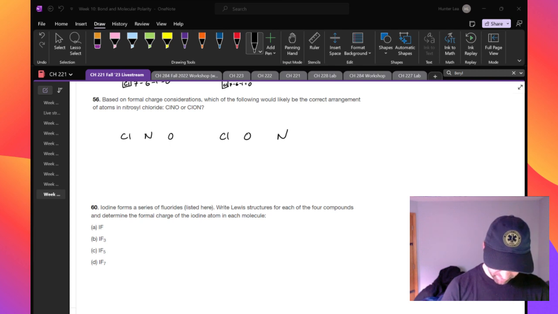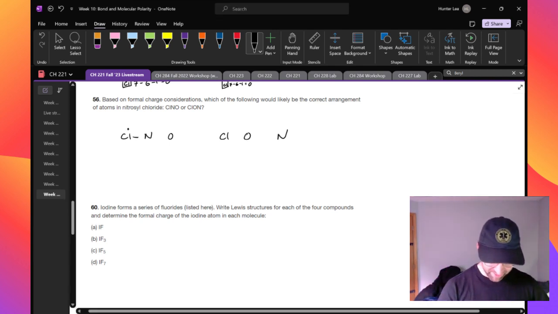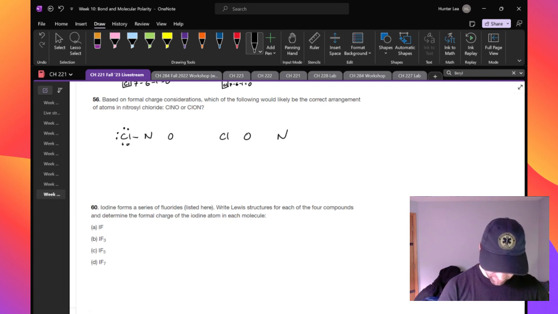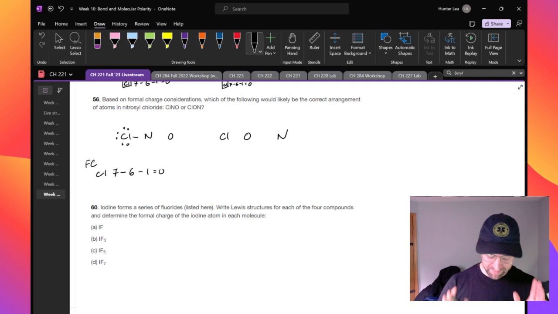Let's try this one. So again, pattern recognition. We know that chlorine is going to be happy from a formal charge consideration. It's going to be perfectly happy with 6 electrons floating around it in pairs, and 1 bond would give it a formal charge of 0.